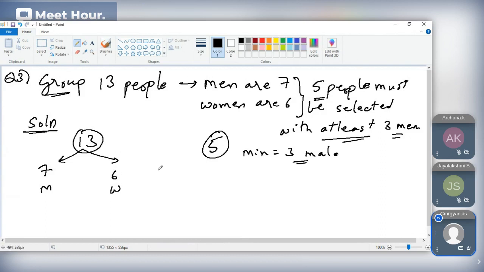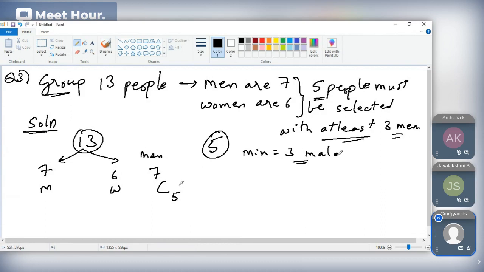So what I can do is, first I will do for men, because out of 7 men, I take all 5 men only. So nCr. I will not take any women. This is also allowed according to my condition, because they say minimum 3 men. So 7C5.